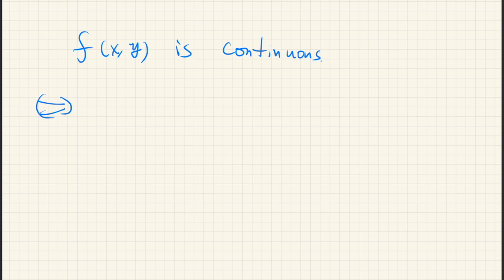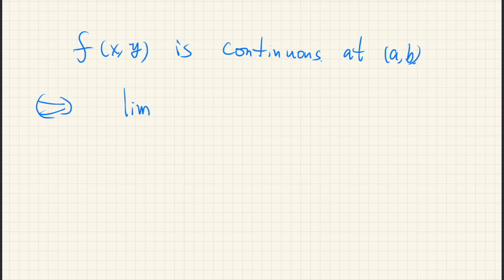Next, let's define the continuity of a function. So we say a function is continuous at a, b, let's say.